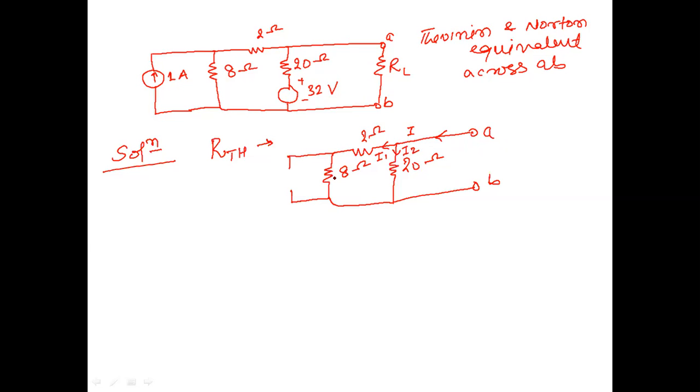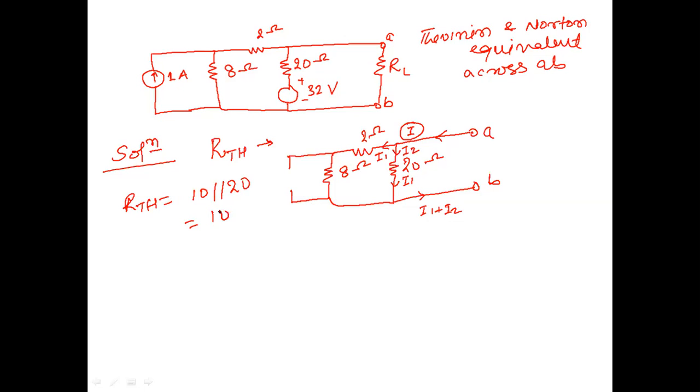So this I1 and this I2 come together, and I1 plus I2 will go here. This I is nothing but I1 plus I2. So the amount of current coming is equal to the amount of current leaving. So these two will be in series, and its series equivalent will be in parallel with the 20. So RTH will be simply equal to this 10 in parallel with the 20.